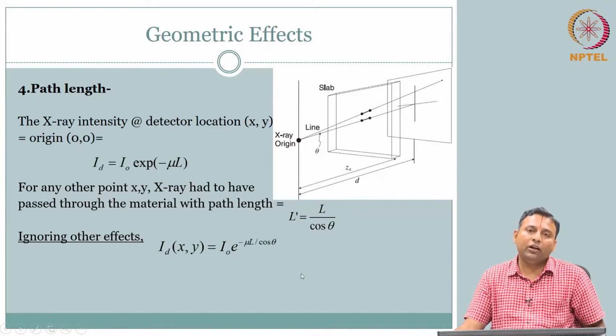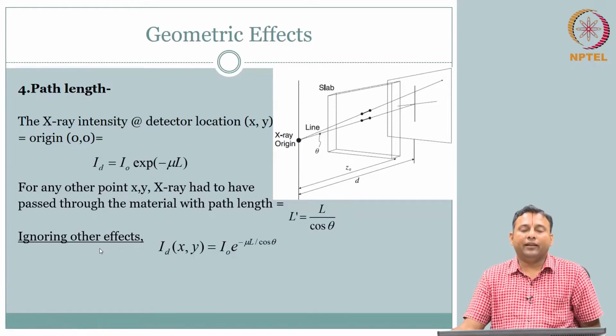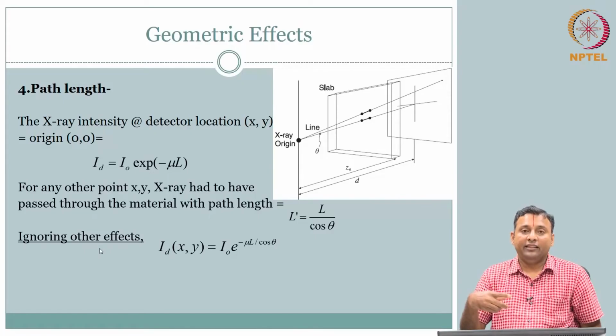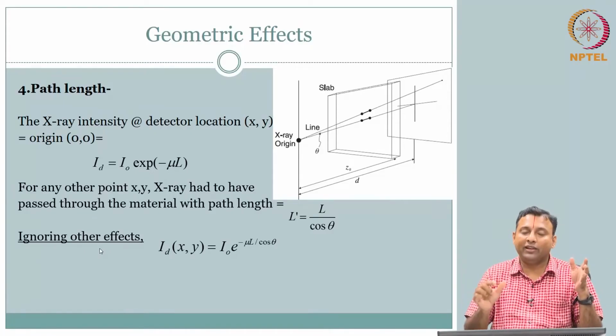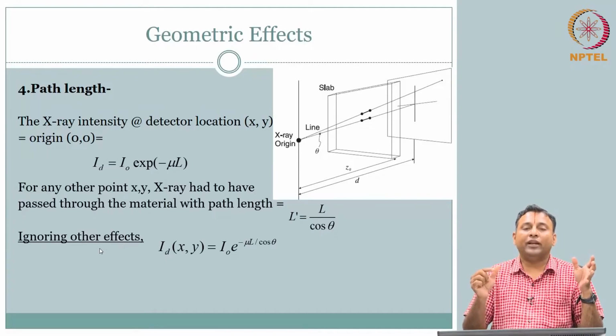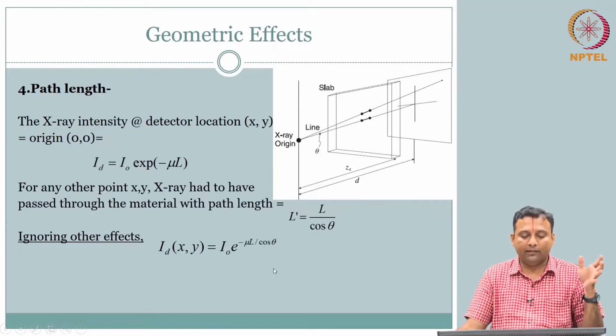Now if I have to incorporate the other effects, what is going to happen? Well, the effects that we saw already are irrespective of the object; they were there because of the geometry without even considering the object. So if you have the object, the path length affects it this way, and the other geometric effects just add on.